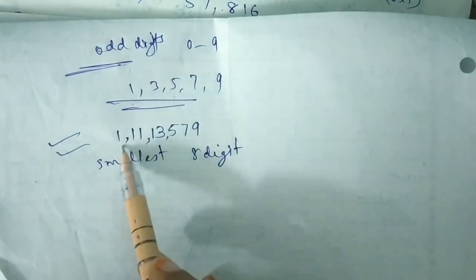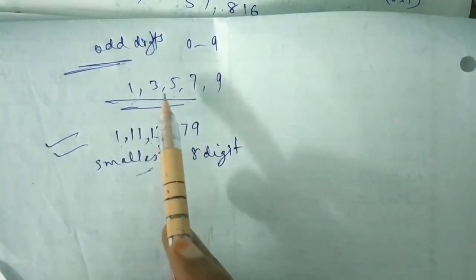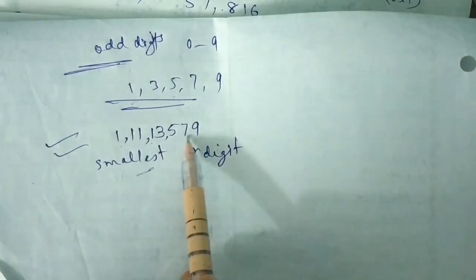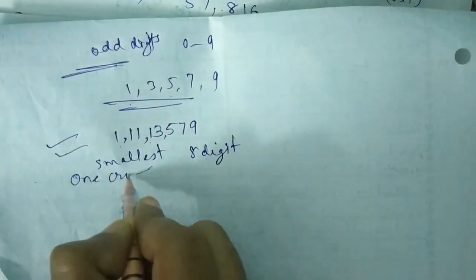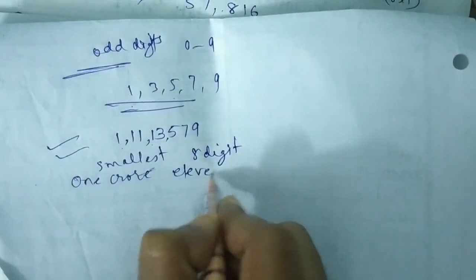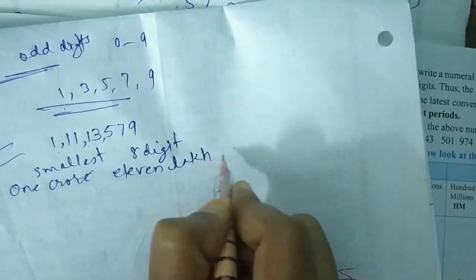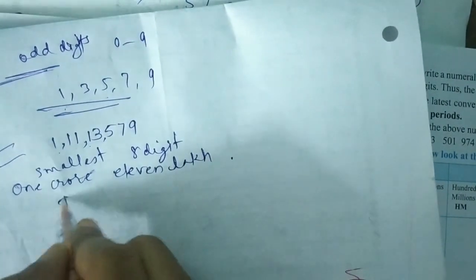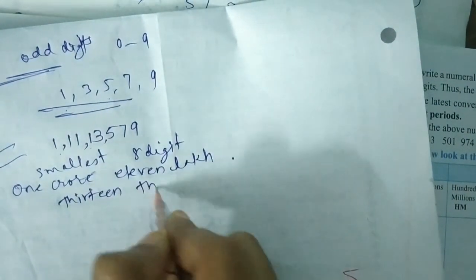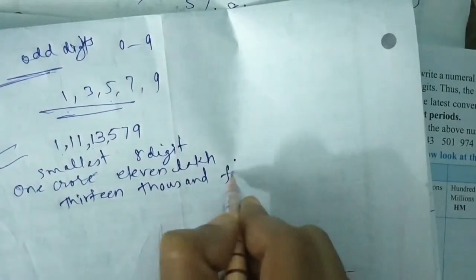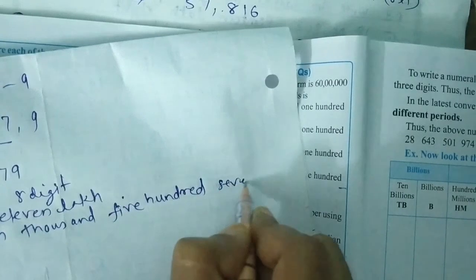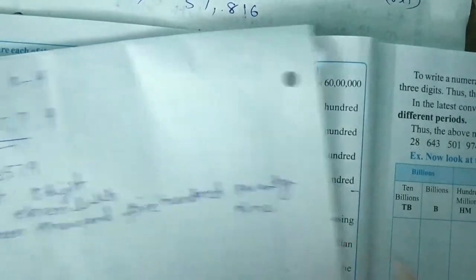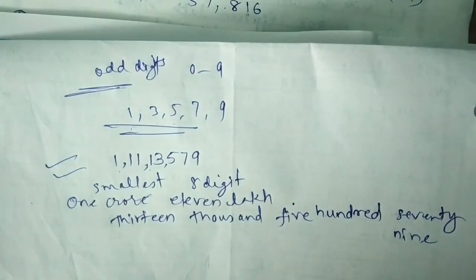I have used 1 maximum times, we want our smallest one, and the remaining 3, 5, 7, 9 I have used here. So it becomes 1 crore 11 lakh 13,579.